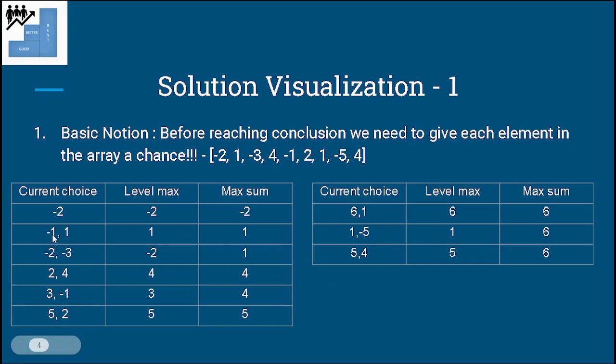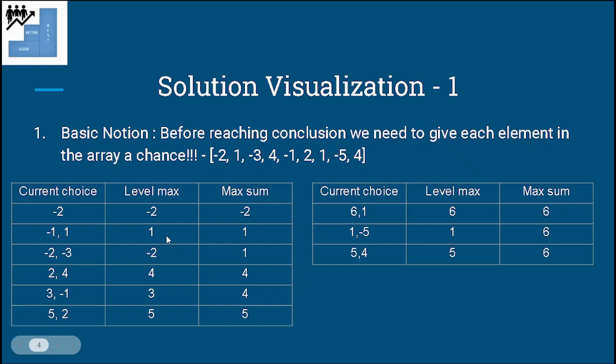The other way would have been to just exhaust all the choices and then find the maximum sum, but that would have been a brute force solution. What we are instead doing is at this level itself, I'm identifying what is the best choice, and then I will move ahead with the best choice itself. The second sum I am keeping is maximum sum till this level.